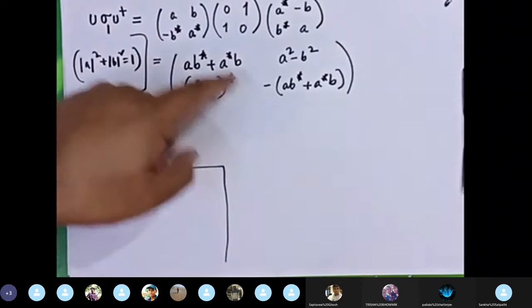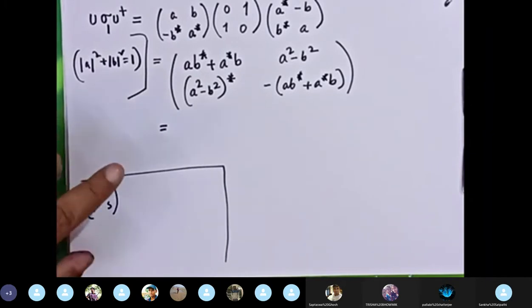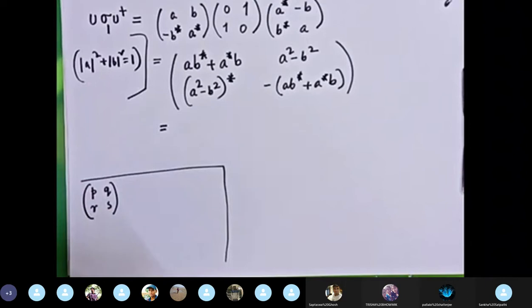You can see this directly from here. This is a traceless Hermitian matrix of order 2x2. Then it can also be written in terms of sigma 1, sigma 2, sigma 3 only, because sigma 1, sigma 2, sigma 3 matrices are the basis of this.